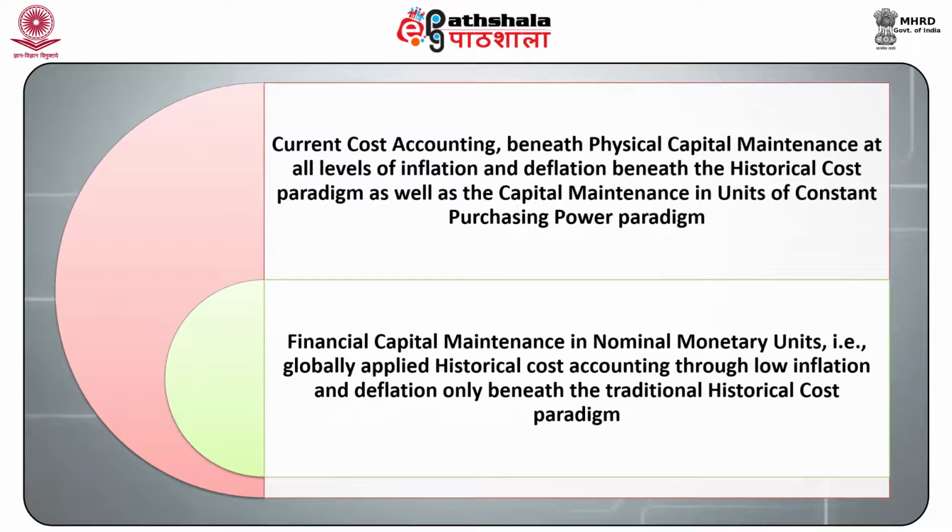Under physical capital maintenance at all levels of inflation and deflation, under the historical cost paradigm as well as the capital maintenance in the units of the constant purchasing power paradigm. Second, financial capital maintenance in the nominal monetary units, that is, globally applied historical cost accounting through low inflation and deflation only under the traditional historical cost paradigm.